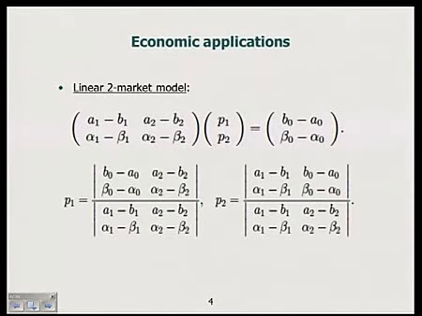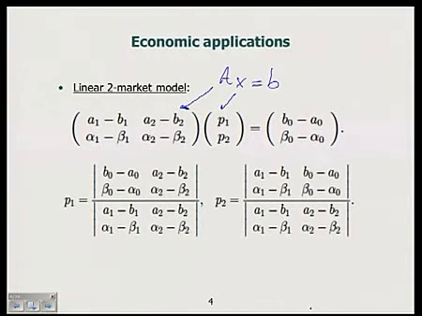We saw in the last lecture the linear two-market model. And now we want to formalize this situation we have here. As you can see, the problem is the following. Matrix A times X equal P. Now, matrix A is this one.